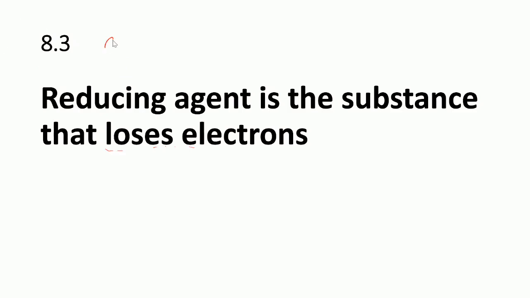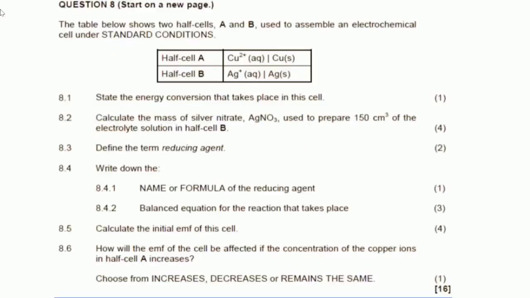If you can remember OIL RIG, we say oxidation is loss of electrons, but reduction is gain of electrons. Then 8.4, write down the name or formula of the reducing agent. So we want to write down the name of the one that undergoes oxidation, right? Of the one that loses electrons.